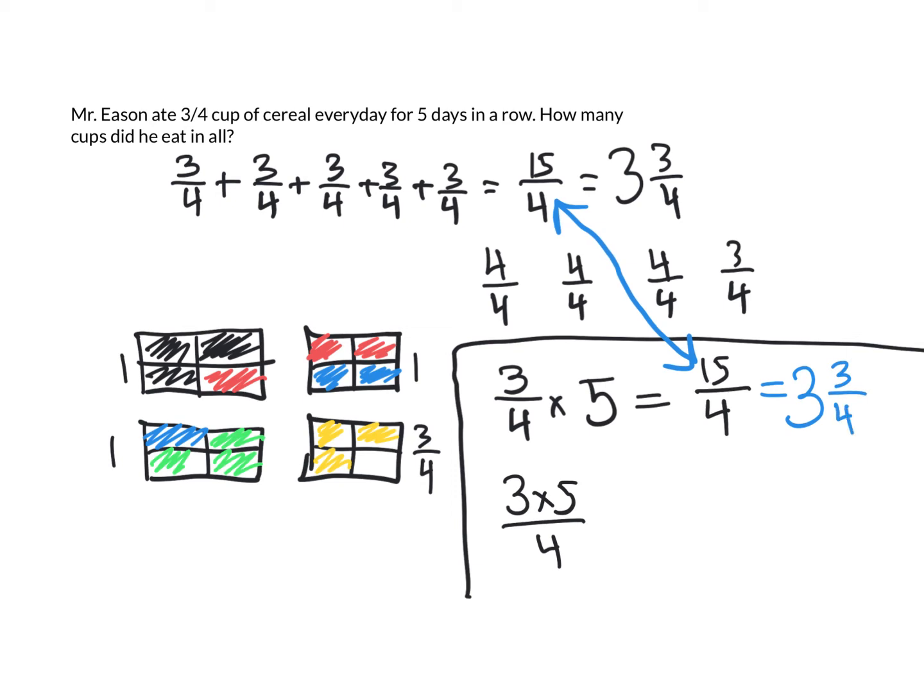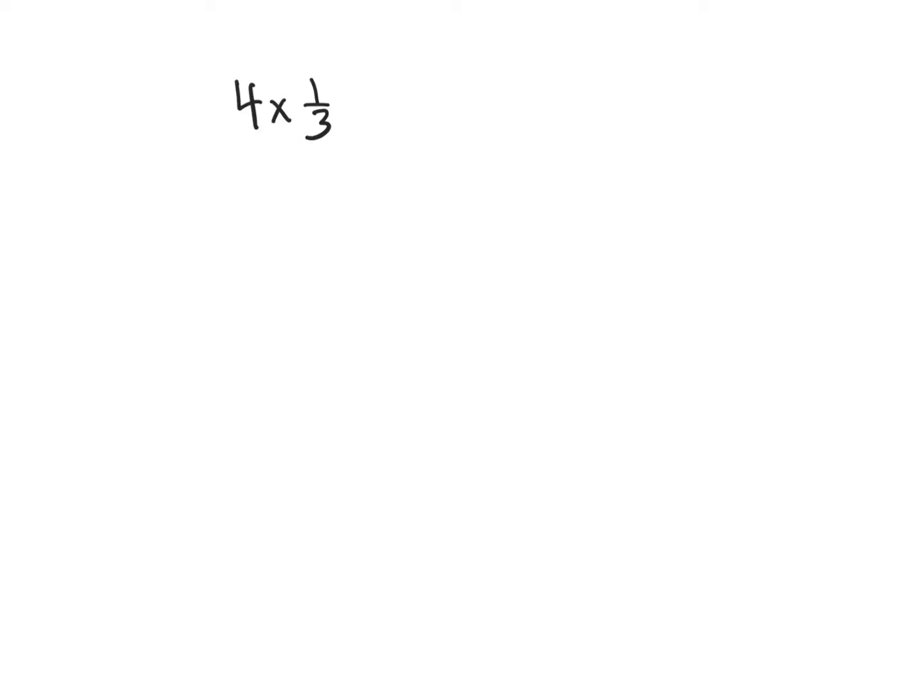Let's look at a couple of other examples not using repeated addition and only using multiplication. 4 times 1/3. I know that 4 times 1/3 I can think of as 4 times 1 with a denominator of 3. 4 times 1 is 4, denominator of 3, 4/3. And I turn 4/3 into a mixed number.